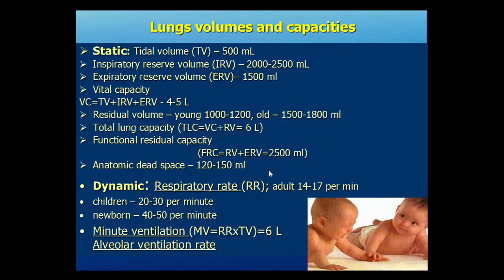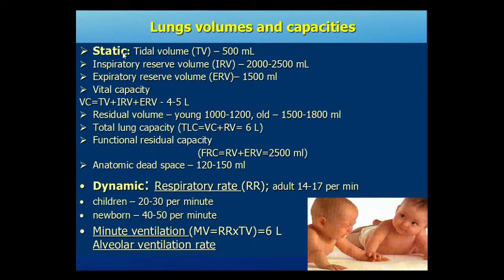In order to estimate this process of respiration, I mean external respiration or ventilation of the lungs, we use some methods, and we can describe this process by some volumes and capacities of the lungs. We can divide these volumes and capacities into two groups: static volumes and dynamic volumes.